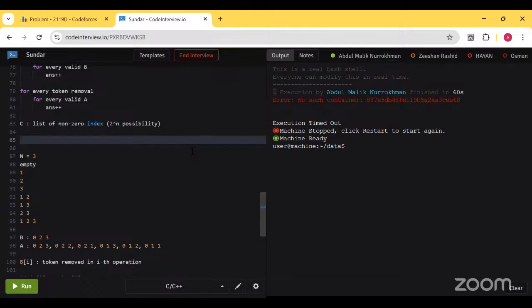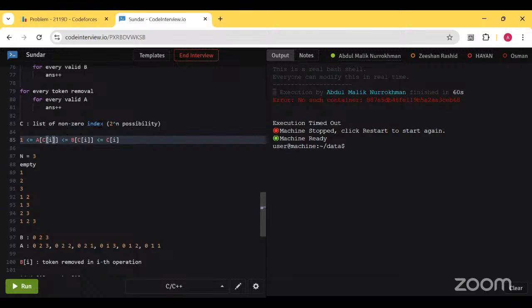For each C, we want to find the value of this. And then for the other indices, just make them equal to 0, right? Ai and Bi are equal to 0.